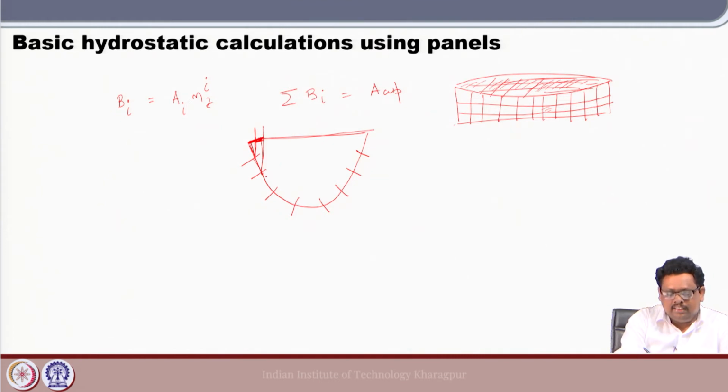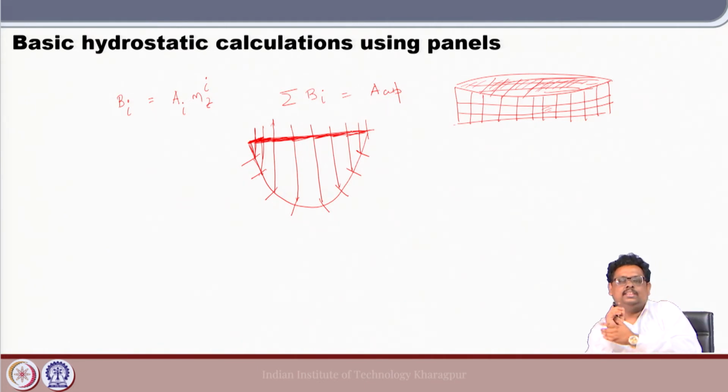Again you take this, and similarly if you keep continuing, taking the projections and summing everything, you will get this line. That is how it works.